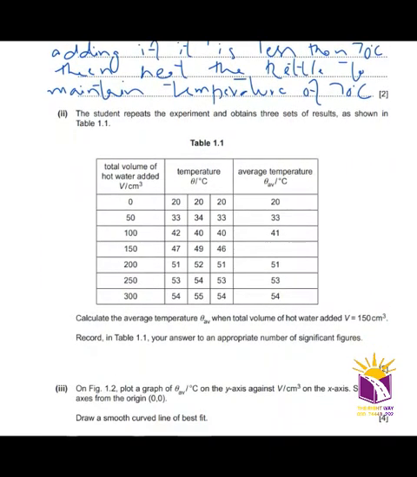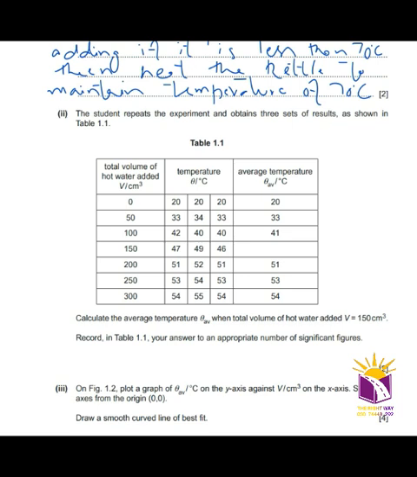The student repeats the experiment and obtains 3 sets of results as shown in table 1.1. Total volume of the hot water added V is in cm³. Temperature will be represented by theta in degrees centigrade and the average temperature is theta average in degrees centigrade. Calculate the average temperature when the total volume of hot water V is 150 cm³.